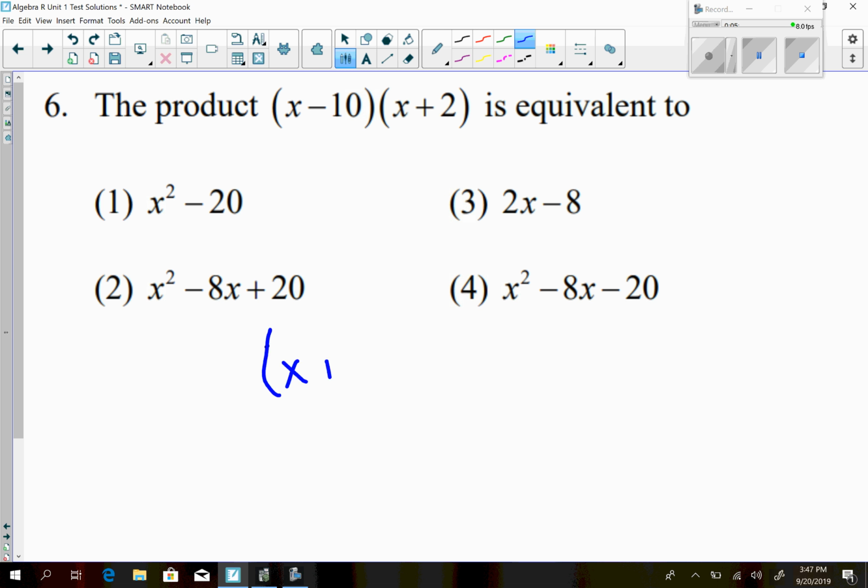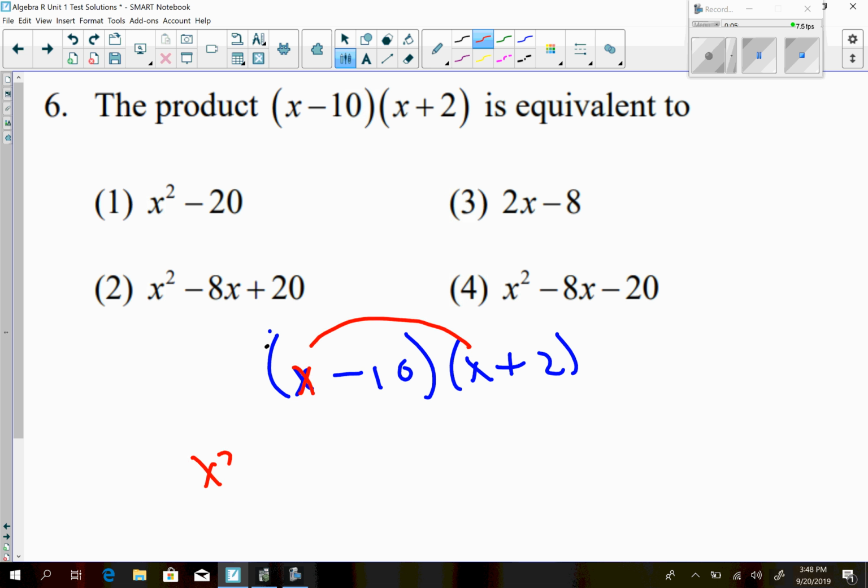Product means multiply. (X minus 10) times (x plus 2). So I start with the first term here, which is x. This x distributes. X times x is x squared. X times positive 2 is positive 2x. We can't forget about the negative 10. We distribute the negative 10. Negative 10 times x is negative 10x.